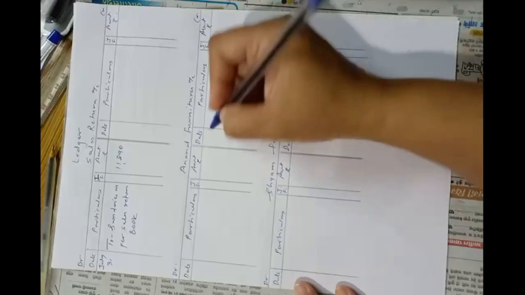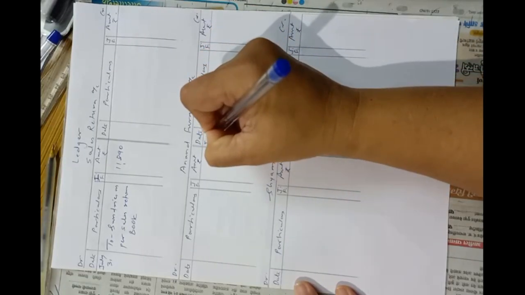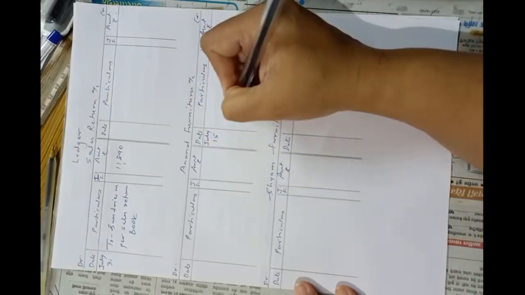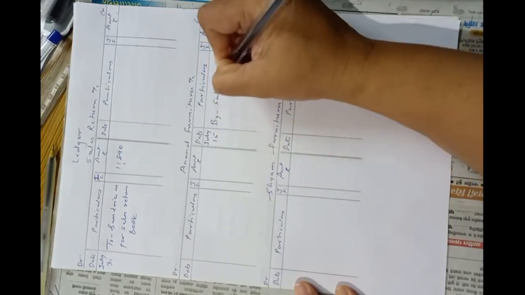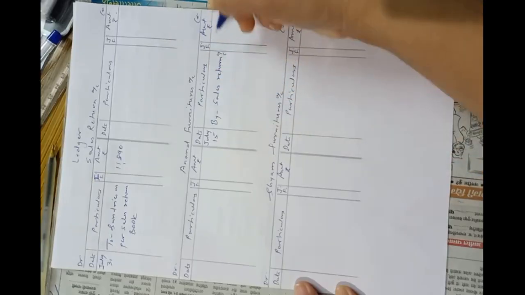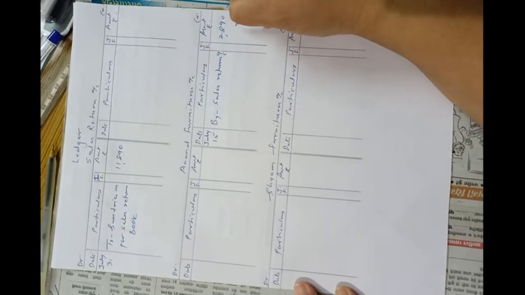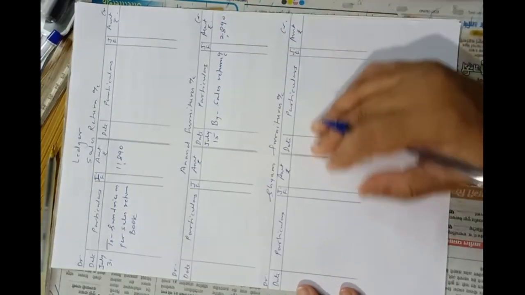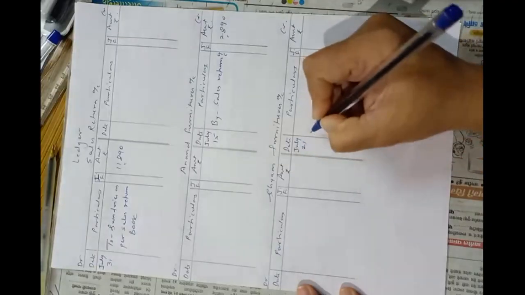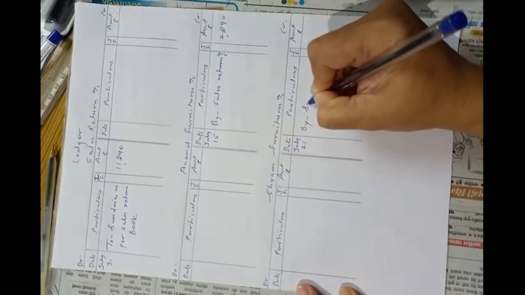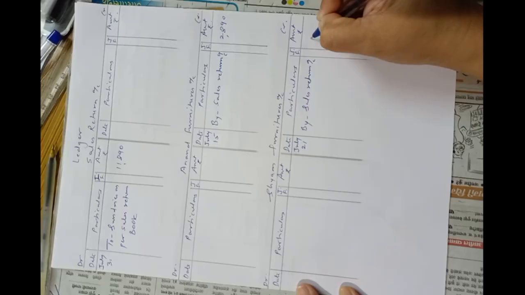So credit side of Anand Furniture's account, July 15th, date of their transaction July 15th, by sales return account, amount is 2890. Okay, similarly credit side of Shyam Furniture's account on July 21st by sales return account, amount is 9,000.